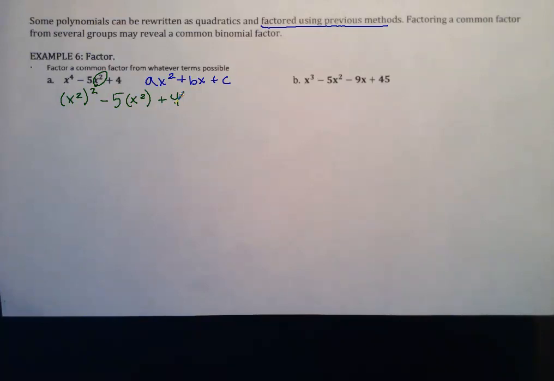But then it's still not in descending order. Actually, it is in descending order now, because it's this term squared, and then this term to the power of 1, and then there's no term. Yes, because I used the parentheses. The thing inside the parentheses is my new term.